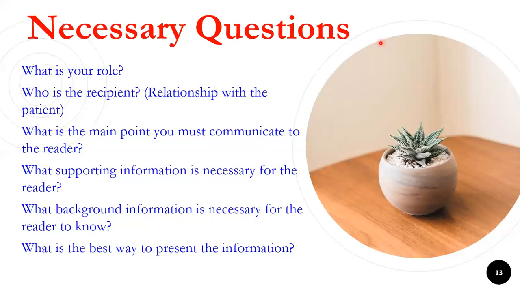Probably the person needs a background to this, or needs a future plan as far as taking care of the patient is concerned. You need to know and arrange them accordingly. So if it's the main point, the primary, then of course it comes first, then the secondary comes, then the associated ones also follow in that order, so that you can effectively communicate with the intended reader of the letter.